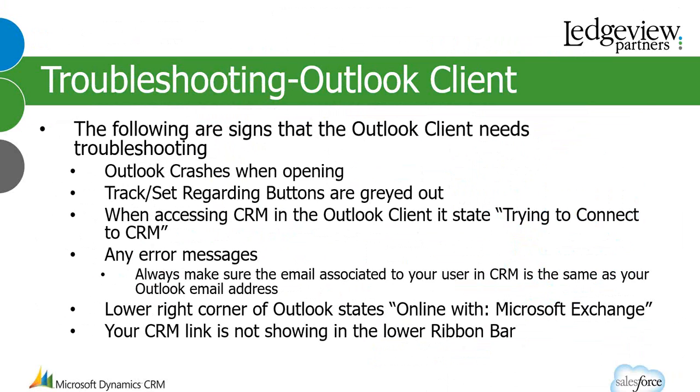If your track and set regarding buttons are grayed out, or when you're accessing CRM in the Outlook client, so there's a section where you can actually access CRM, and I'll show you that in a little while, if that says trying to connect to CRM, it means there's an issue that needs to be resolved. Any error message that pops up will need to be resolved, otherwise you're not going to get the functionality of the Outlook client.